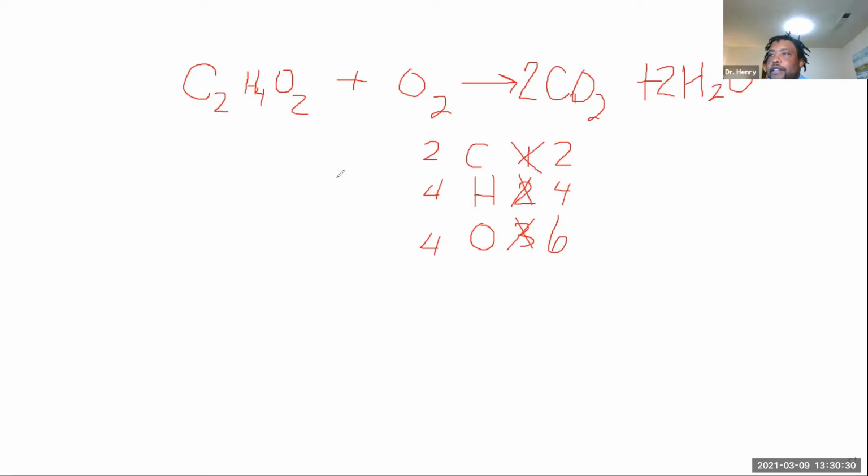So is there any way that we could get that balanced over here? Since we have 4 over here, put a 2 in front of the O2. 2 times 2 is 4 plus 2, that's 6. That's a balanced equation.